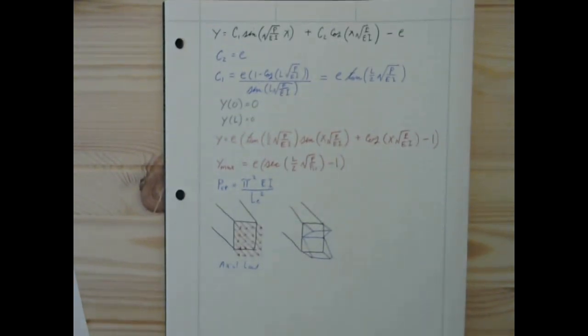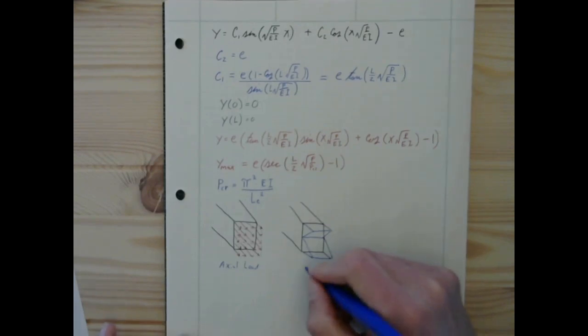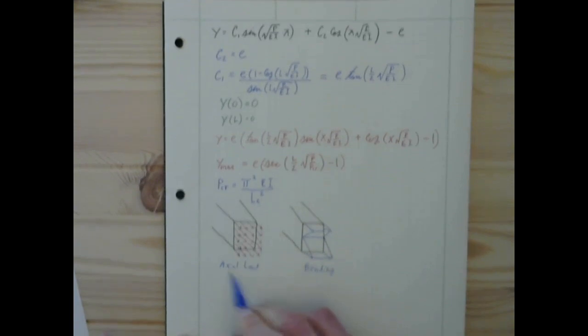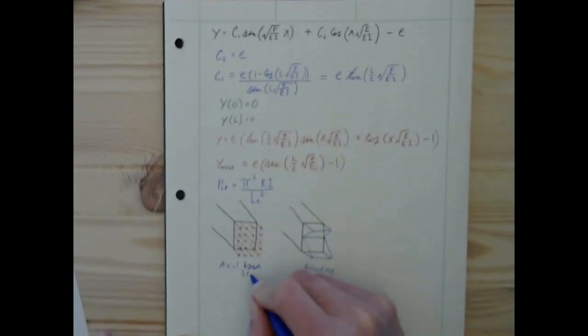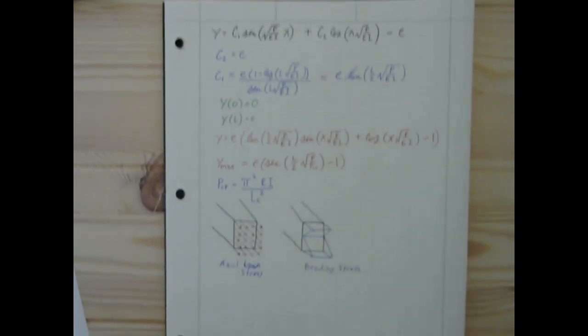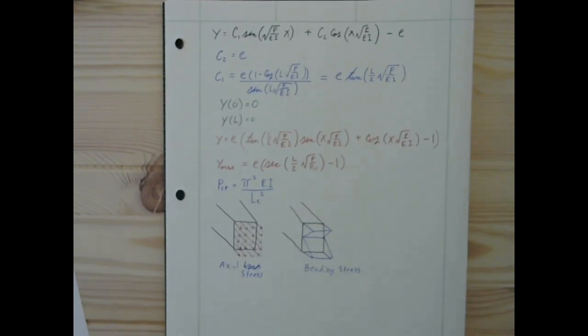So we can sum those two things together, and this is for bending. So we've got our axial stress and our bending stress. We can add those together, and the maximum is going to be the maximum that we're going to be experiencing. One of these is going to be negative, one of these is going to be positive. So we'll just pick the one that's negative, in this case, because these are columns.